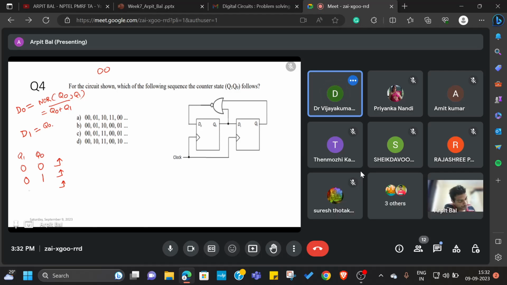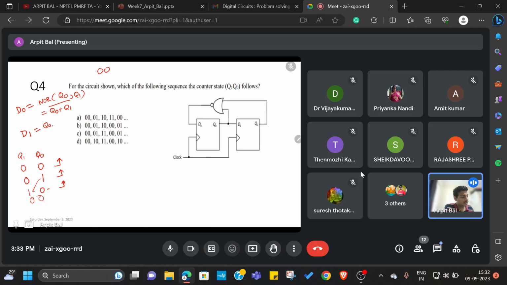Correct. So why will it be 1 0? Because D0 is going to be NOR of Q0 and Q1, which is 0, because one of the values is 1, so 1 bar is going to be 0. And Q1 is going to be Q0, so this value will propagate here. And in the next state it is going to be 0 0.